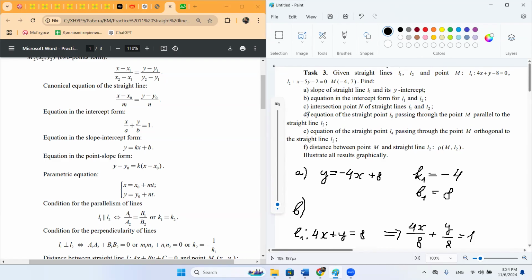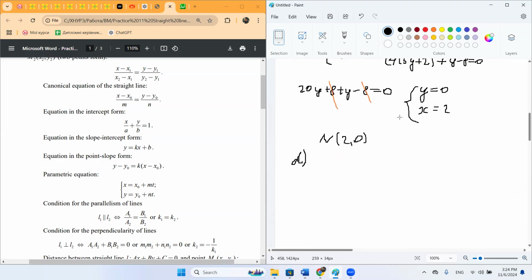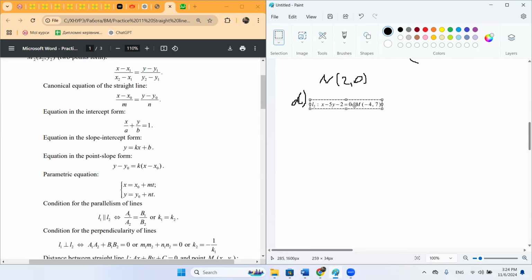Well, then we need to write down the equation of the straight line L3 that passes through the point M, and it is parallel to straight line L2. So let's do it. How to solve, by the way? L3 is parallel to L2.